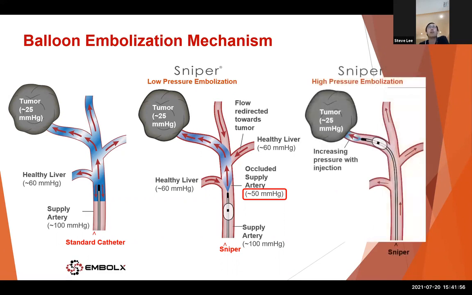However, if you get the microcatheter very close to the tumor, you can achieve what we call a high pressure embolization. With this, you can force all the embolic agents directly into the tumor through the peribiliary plexus and into the portal venule side even.